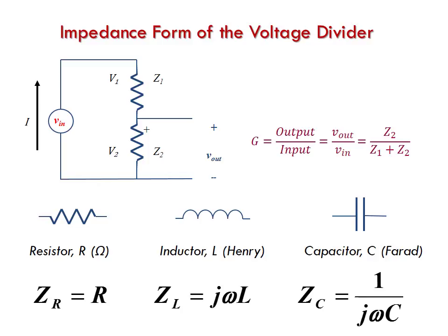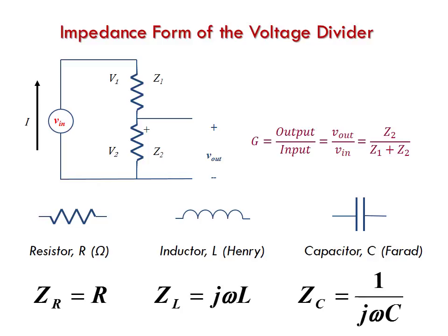And if the omega j are the same, which they're going to be based on the source, you're going to have the value of the inductances change your impedance. That's going to create your gain and your V out. Same with your capacitors. You can plug that equation in, the reciprocal, 1 over j omega C, and that's going to give us our impedance for the capacitor if you have two capacitors.